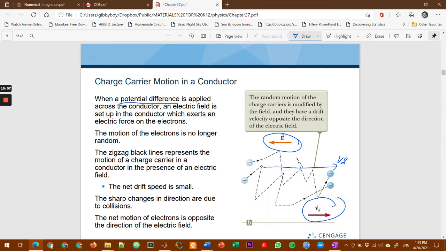Although it is slow, it is a chain reaction, so in the entire conductor the drift velocity happens almost instantaneously.